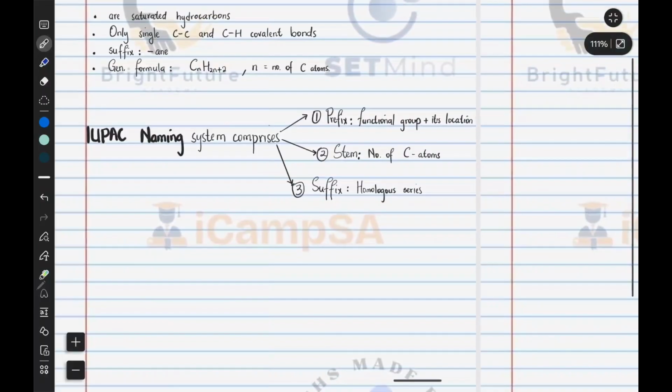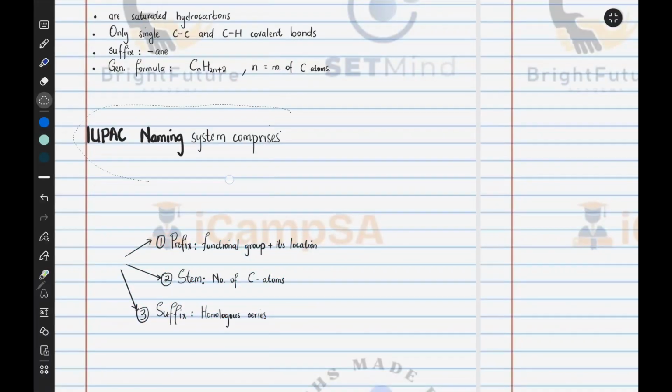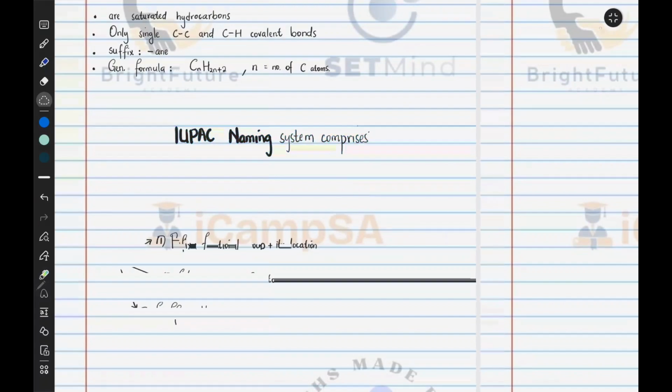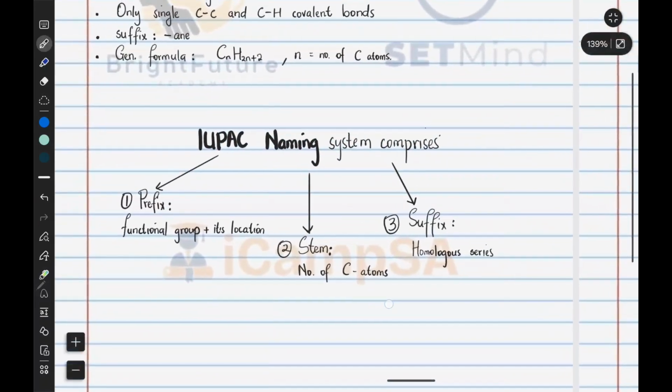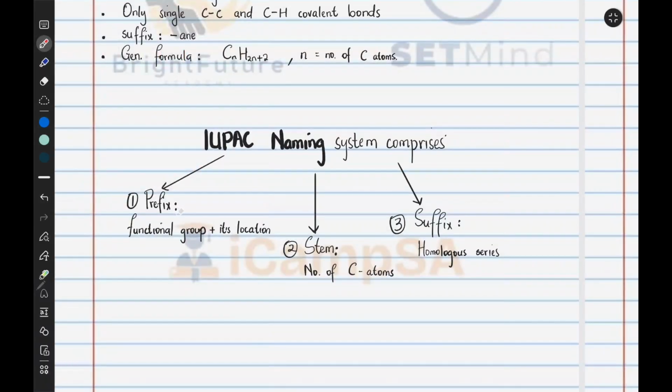In fact, let's rearrange this so that we can include what I just said, that is a body and so on. All right, so we're saying that the prefix would be our beginning of the word, right?